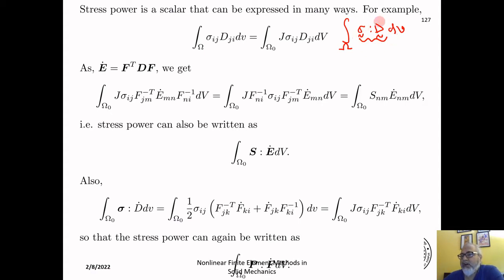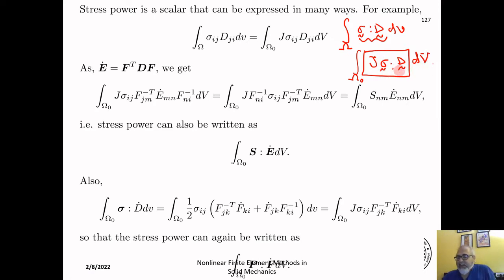If I want the stress power expended per unit undeformed volume, I have to change the domain of integration, and to do that I will simply have to multiply it by J, so that this becomes dV in capital V. So the domain of integration changes. So this quantity is now my stress power expended per unit reference volume.